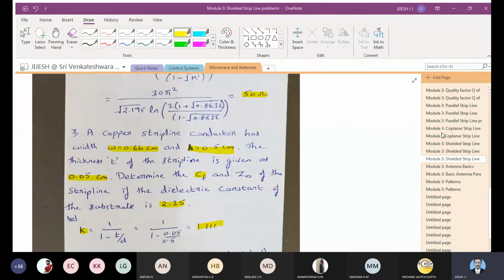So only 22 students, meaning 50% of the students are active. 23, 24, okay, 26, 27. Don't let your hands down. You complete the problem. I just want to see who are all not active in the class.